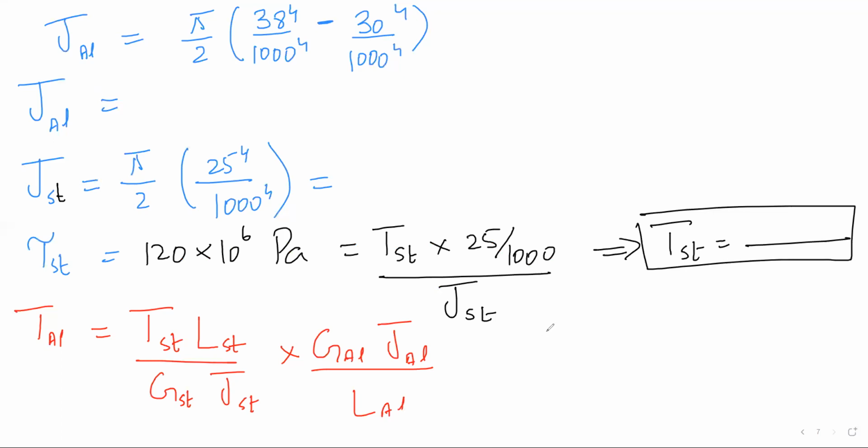So from here L will be gone, and also the polar radius terms will be gone. Oh, okay. Hang on.